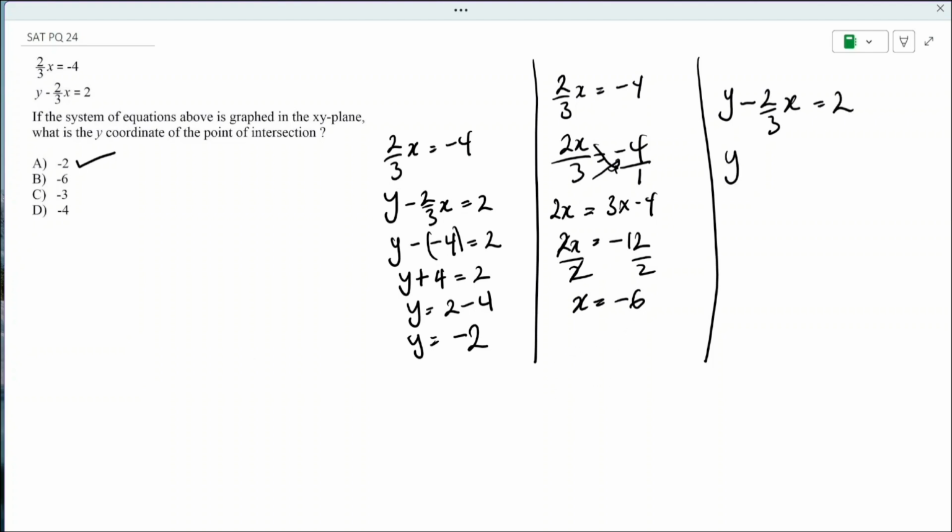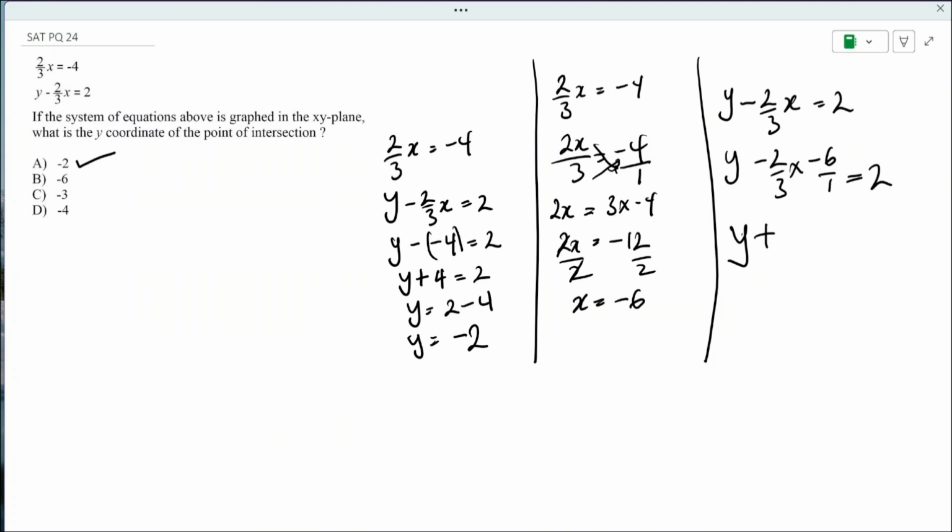So you have y minus 2 over 3 times negative 6 equals 2. On the next line, you have y. This 2 over 3 owns this negative. And once you have negative and you're multiplying by a negative, you should be very careful. If this were positive, it won't be technical. But here, this negative 6 makes this technical. So you have negative times negative. That will give you positive.